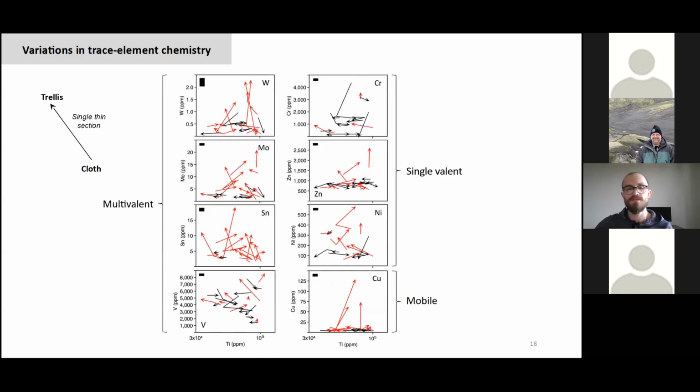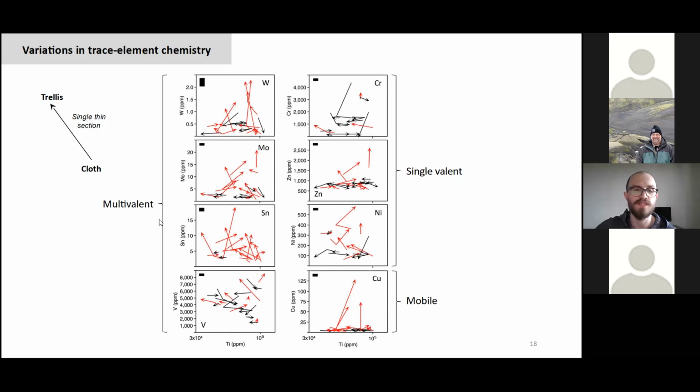Now, the trace element content of these iron titanium oxides should also reflect the oxidation process as a result of the iron titanium oxides interacting with an oxidizing and metal-bearing fluid. So here we have a number of vector diagrams that illustrate the change in concentration of trace elements from cloth to trellis textured oxides within the same thin section.